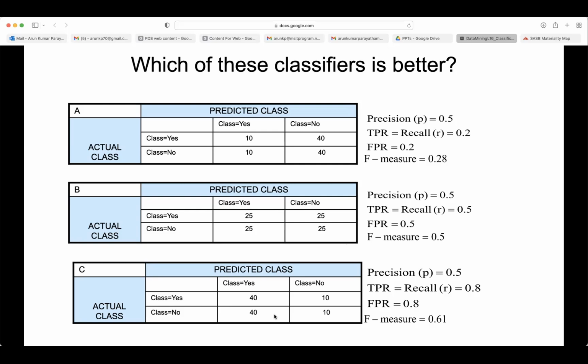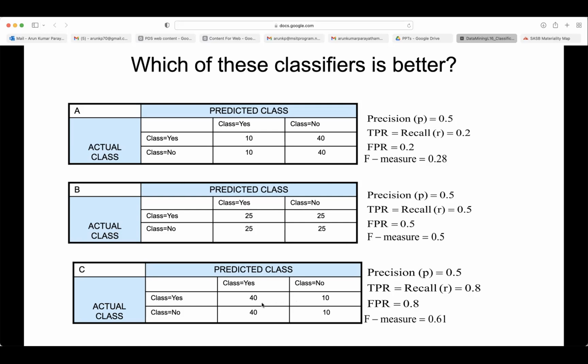Then the third case may be good. You are getting 40 out of 50 people caught, but to get 40, you are troubling another 40. Means for each person, one person you are troubling.